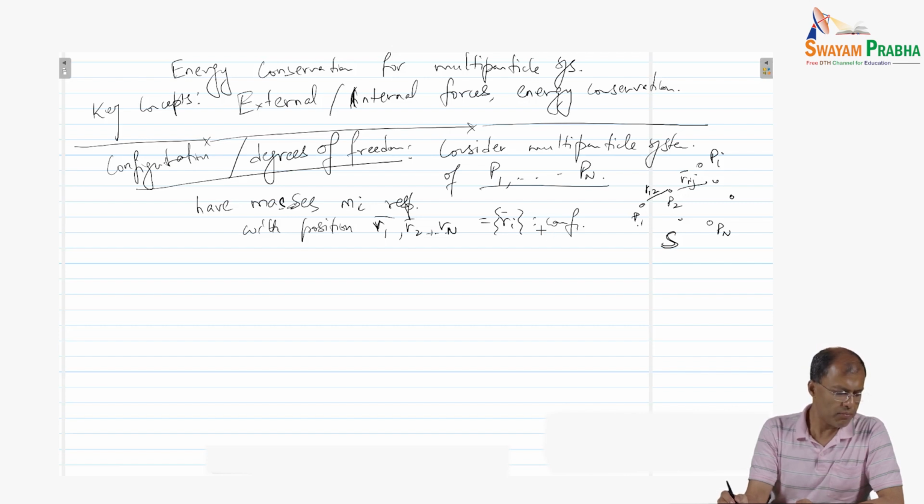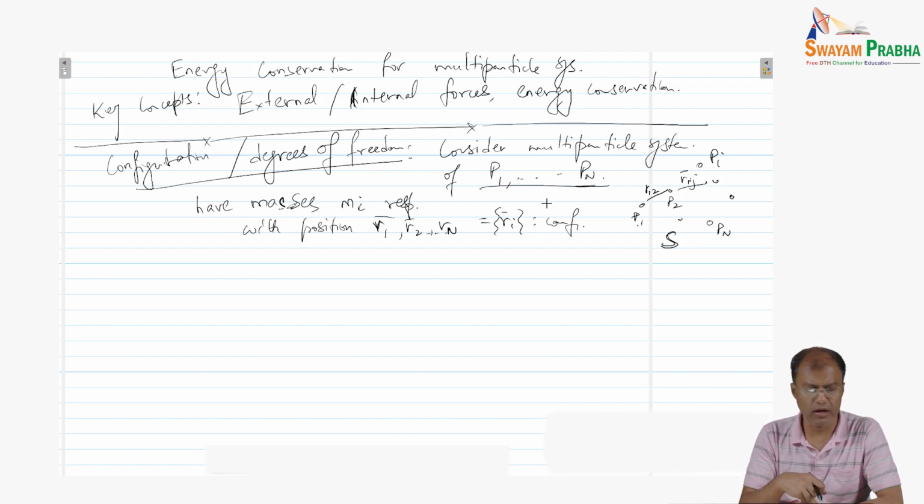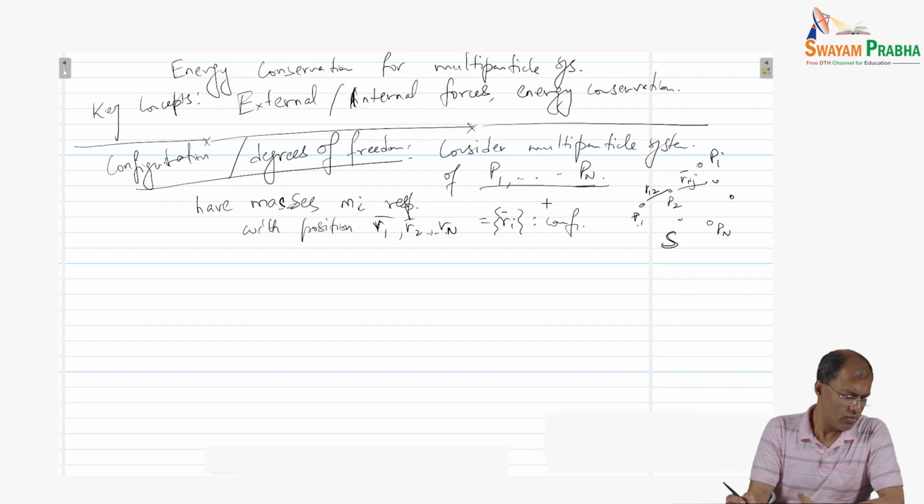Now each position is specified by 3 coordinates in 3D. So for n particles we will have 3n variables, right? It's a lot of variables to deal with. So from 3n variables we are going to reduce it to a certain number of variables, the so-called generalized coordinates, and we'll see how.